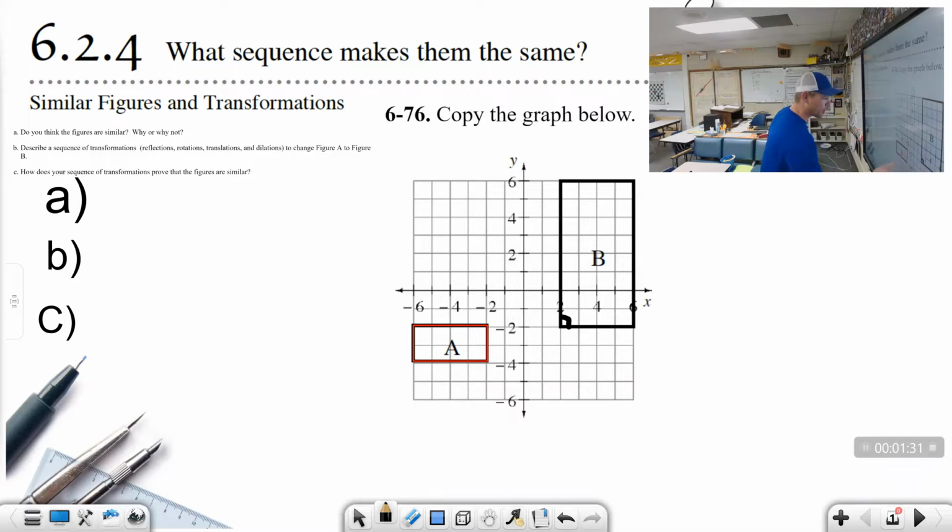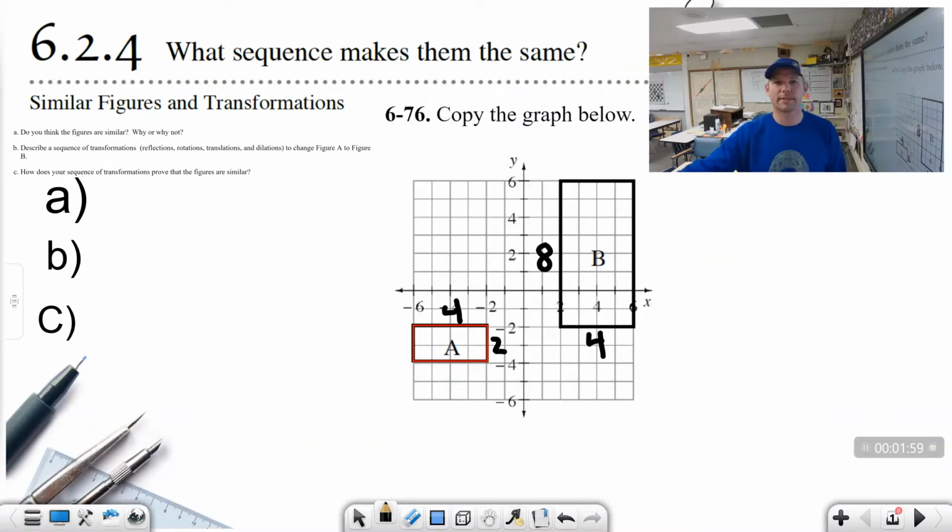I notice that shape A, its short side is 2, and B's short side is 4. Those follow a pattern there. What about the long side? The long side is 4, and the tall side is 8. That shows a sense of similarity, right? Because you notice a pattern going here.